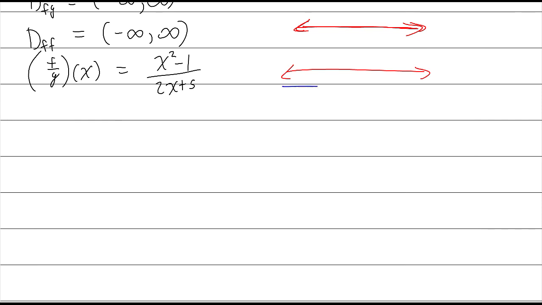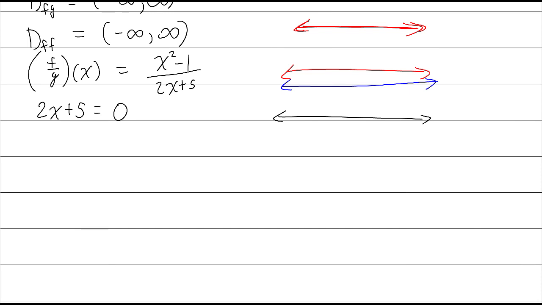The blue one, g of x, has all the real numbers, which means that they would overlap everywhere. But what happens when we overlap them? Now we're in a situation where we may end up with 0 in the denominator. Okay, so we need to account for that. We have a restriction all of a sudden. The restriction would be any x value that causes the denominator to equal 0.